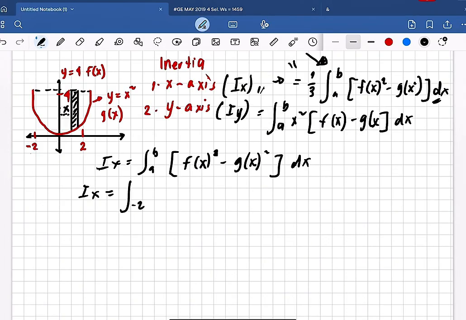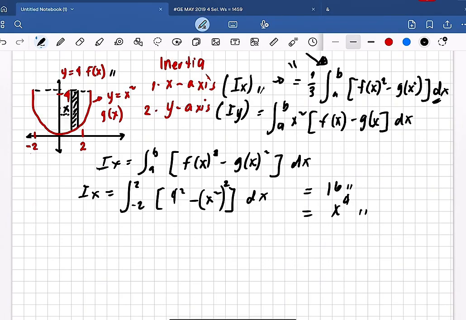Then substitute the values of all the given. Our a is negative 2, f of x, which is 4, squared, minus our g of x, which is x squared, squared, dx. For 4 squared, what's the answer for that? It is 16, right? And we forgot to put the square, so x squared raised to 2 gives us x raised to 4.